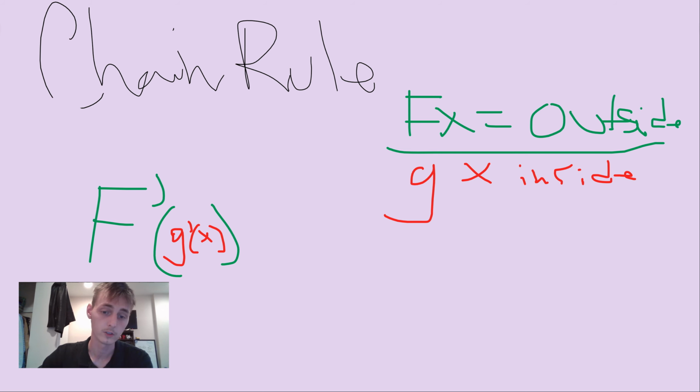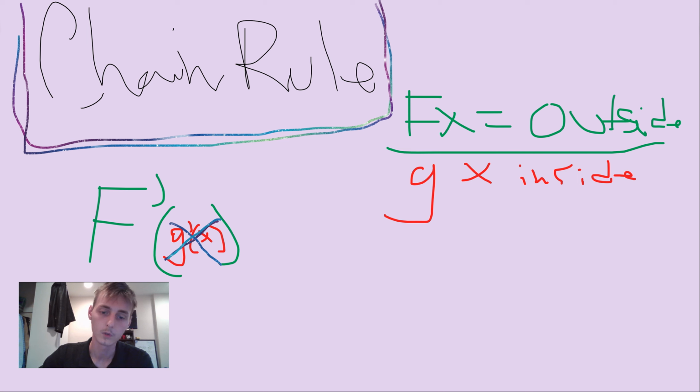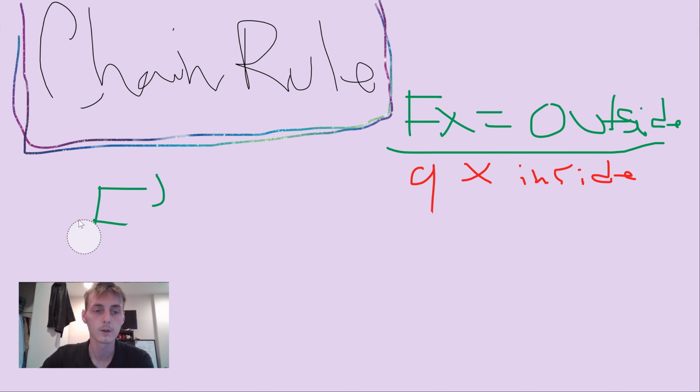So if you want to follow the chain rule, which most professors will expect to see on an exam, do not do this. Multiply that out. f prime of g of x times g prime of x. Keep g of x regular on the inside. That is our chain rule.